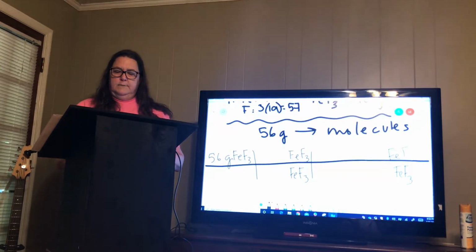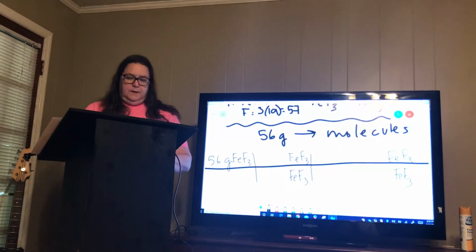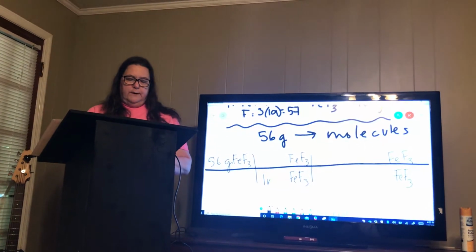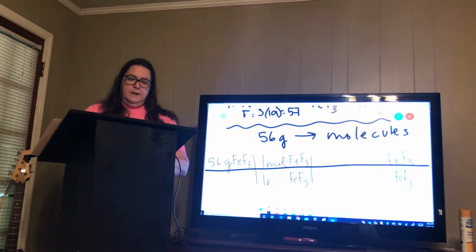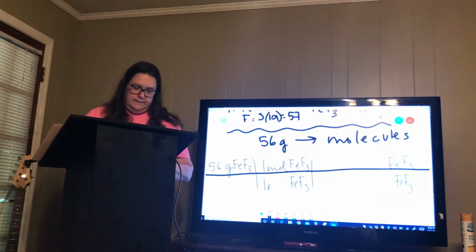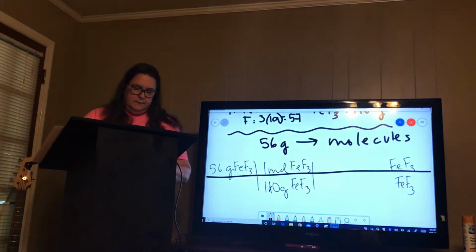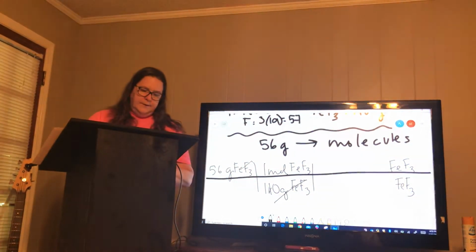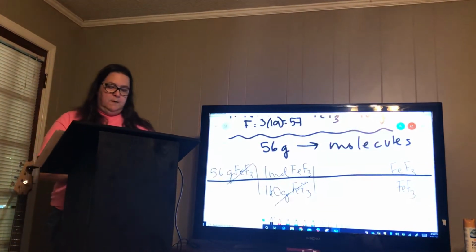I know for every mole of that, it is 110 grams. So this cancels out the grams, leaves me with moles.